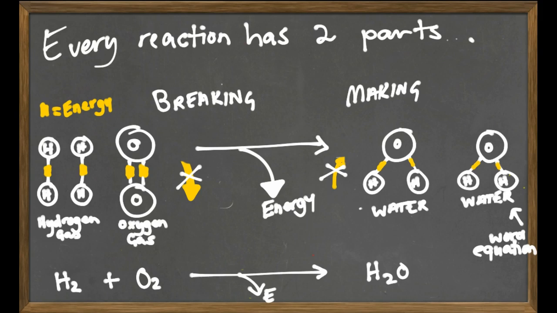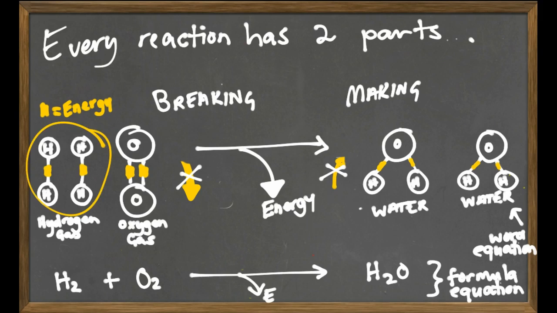Now that's all nice, and we call this a formula equation, but it doesn't tell me how much of everything was used in this. Now notice that we actually have two lots of H2 or hydrogen gas molecules. So to tell myself that I need two of them, I put a 2 in front of the hydrogen. Then look at the oxygen.